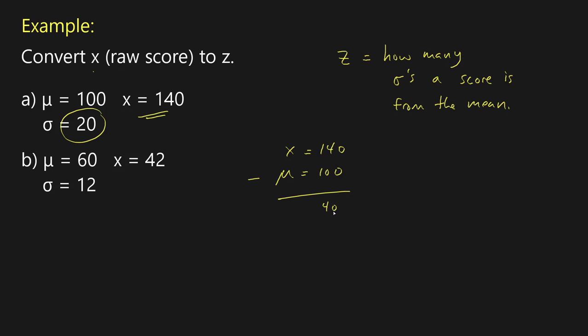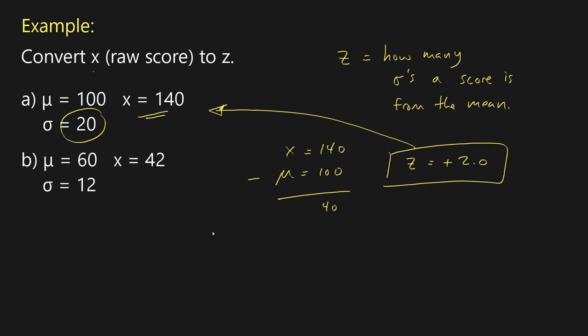And it's a positive difference. 140 is ahead of 100. It's a larger number than 100. So we know our z-score for part A is going to be positive, but it's not going to be positive 40. That's how many points we are above 100. Instead, I need to know how many 20s I am. And 40 is 2 20s. It's 2 standard deviations above the mean. So that's my answer for part A.